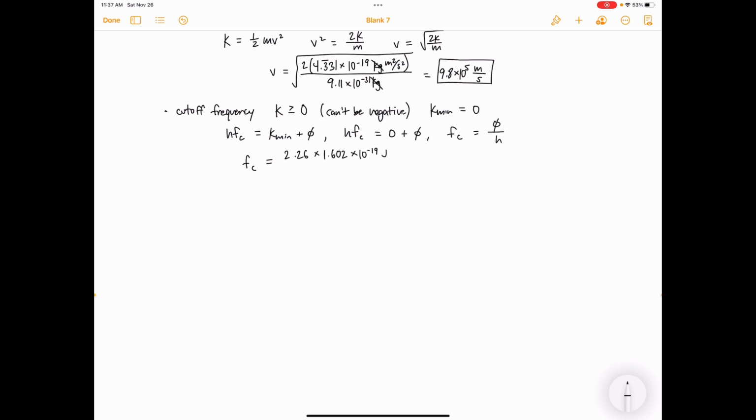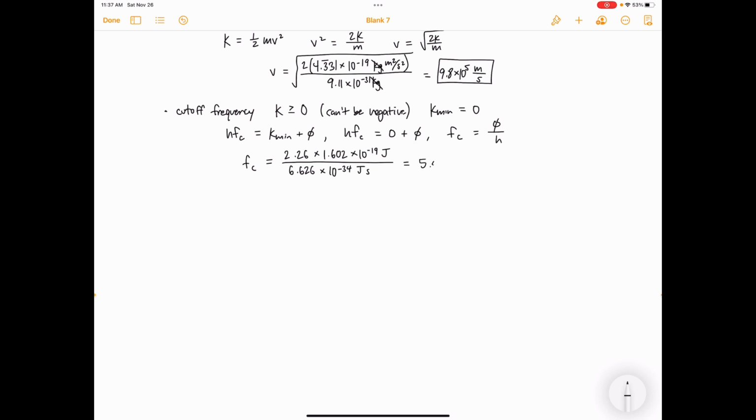Now we're in joules, right? And if we divide by h, which is Planck's constant, that's 6.626 times 10 to the minus 34 joules times seconds. Okay. So notice the units we end up with are inverse seconds.